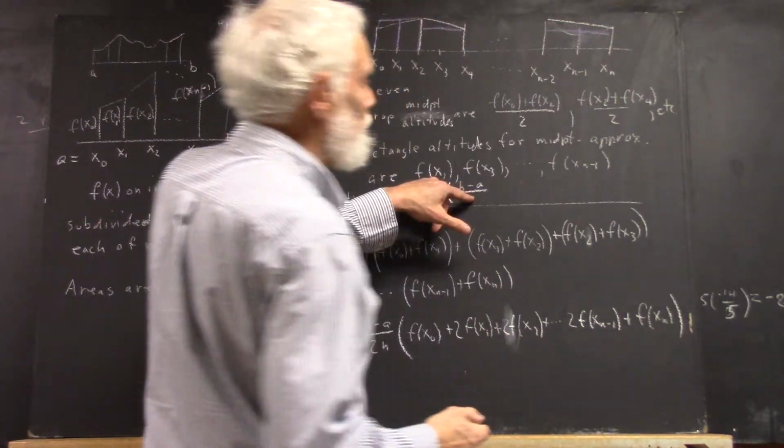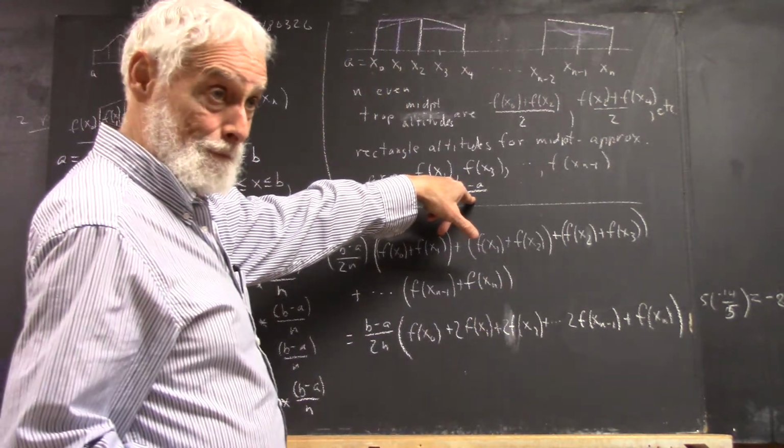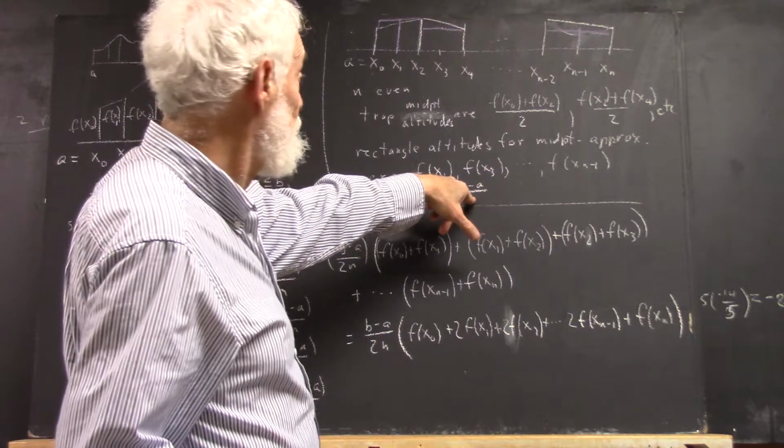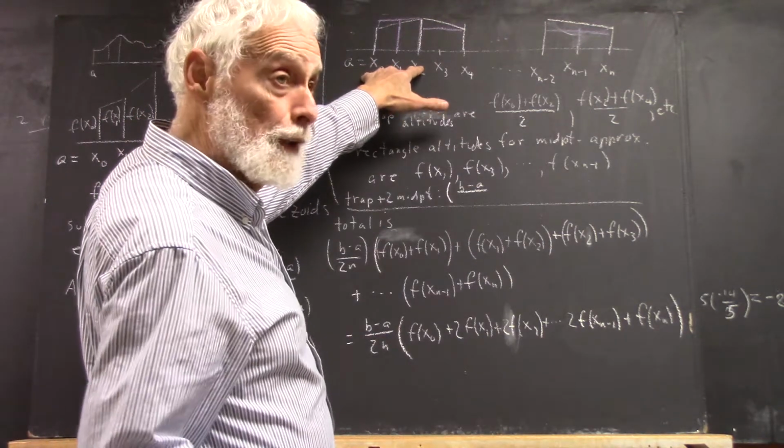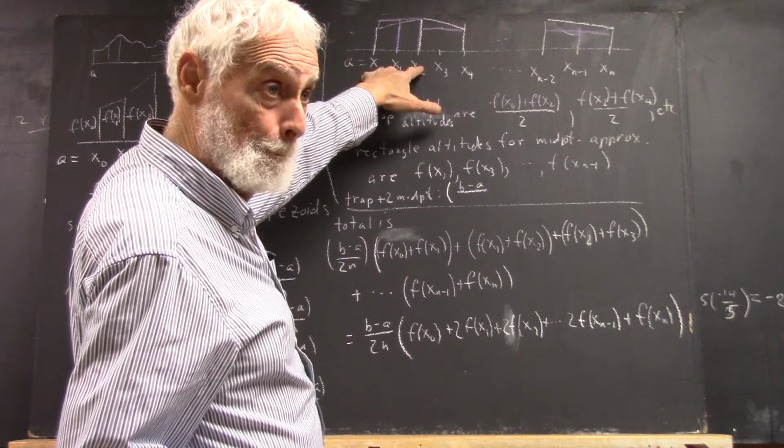I could do it b minus a over 2n, because, of course, each trapezoid or rectangle has width 2 times b minus a over n, right?